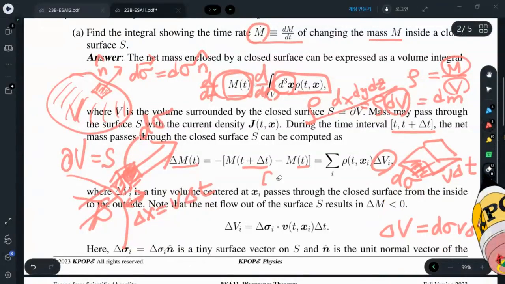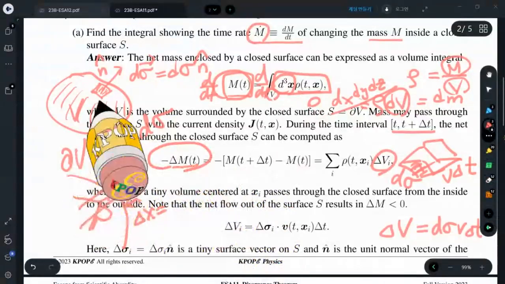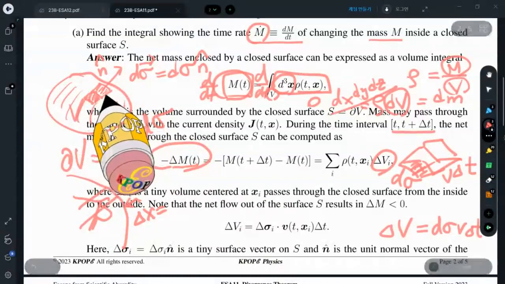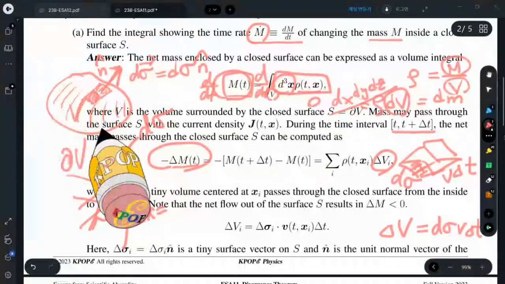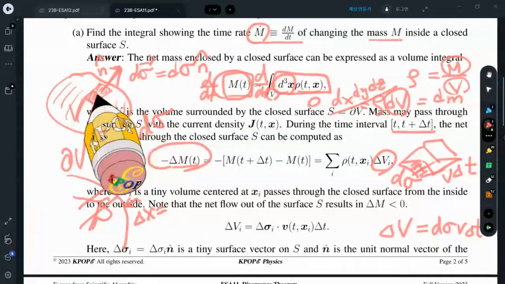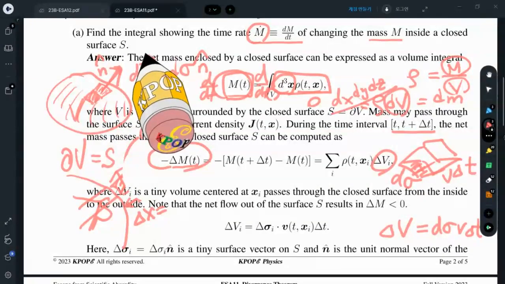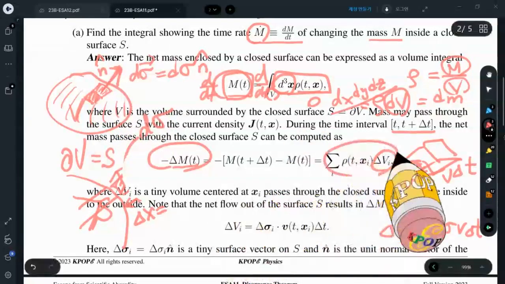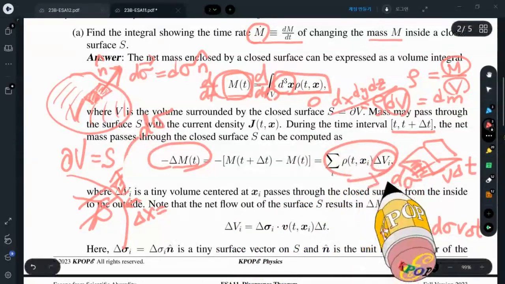The reason why I put the negative sign on it is that if mass inside this volume penetrates this surface to go out, then what happens? The mass inside decreases. So if the mass passes through the surface from inside to outside, then the amount of mass, volume multiplied by density, is positive.